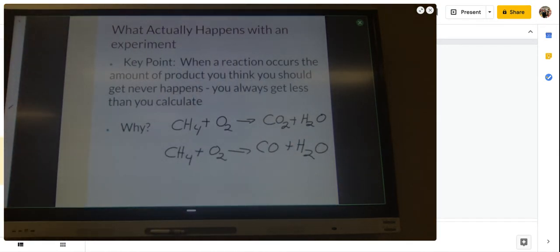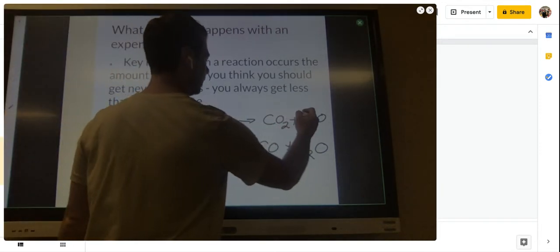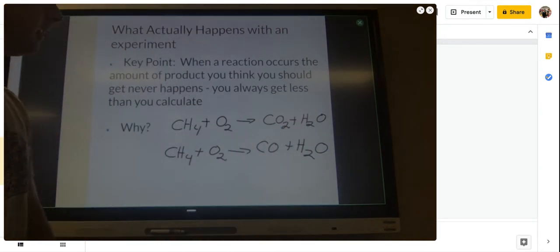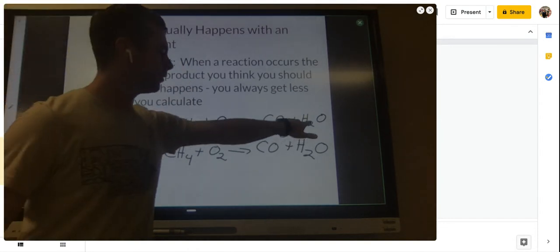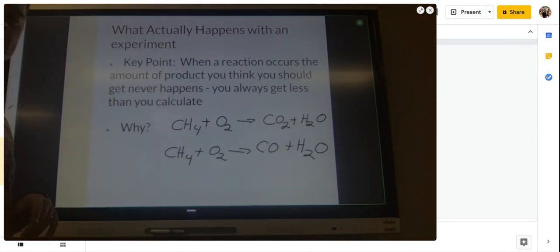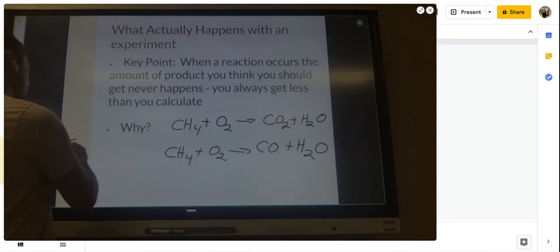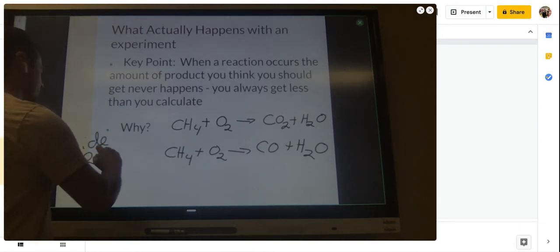Now, this reaction is going to look very similar. These are not balanced. I guess we could balance them real quick. Why balance them? Who cares, right? So here's the deal. The top reaction, if your goal was to make CO2 and H2O, that's sweet. You're getting some of that. But what happens in chemical reactions is you get these little things called side reactions.